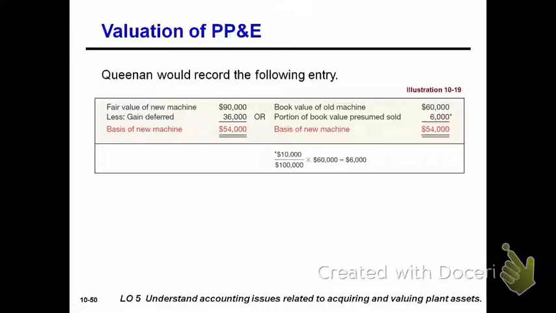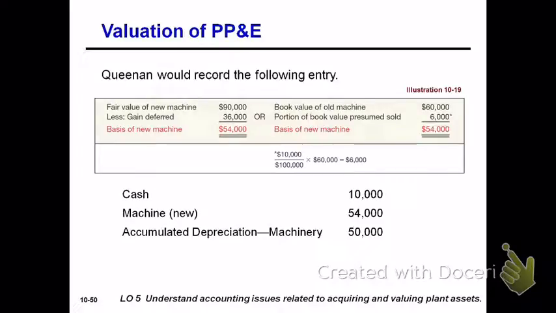We had $60,000 of gain, but we are deferring $36,000. So that gives us basis of $54,000. So we're going to show the cash received, the new machine, take the accumulated depreciation of the old machine, and the $4,000 of the gain that we're going to recognize.